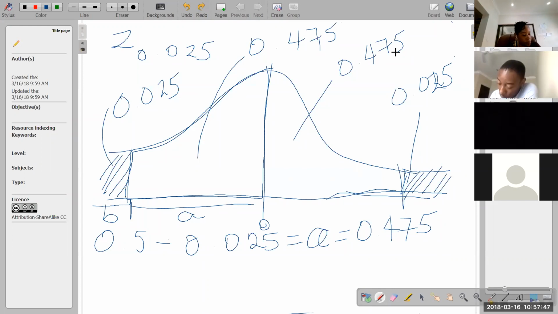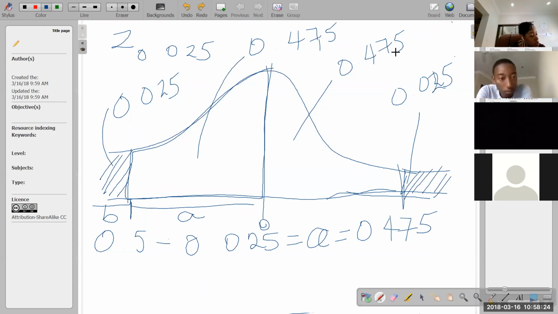So you can see that it's a subscript. You go to your table and look for 0.475, where that figure shows on your table. If you look at 2.0 under 0.00, you get 0.47772, which is more. So you have to decrease.